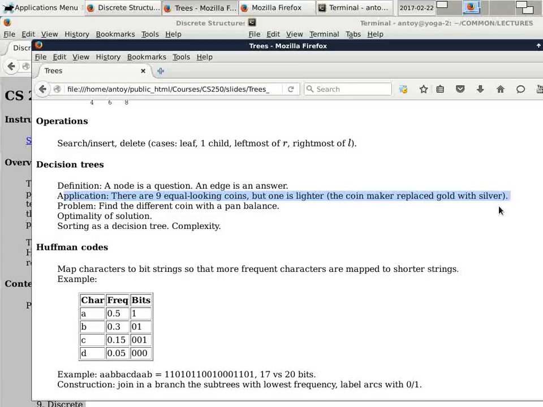The worst case is that I do 1, 2, and 3 ways. Right? What is the average? Assuming that they are all equally likely, this will be 3 times 4 plus 1 times 1 divided by 9. Yeah? It is the average length to go to a leaf.